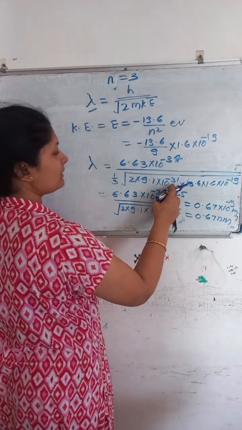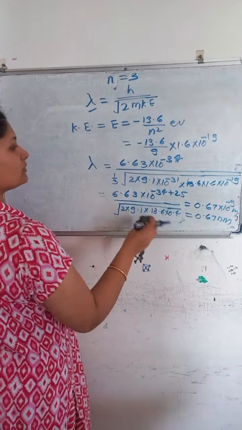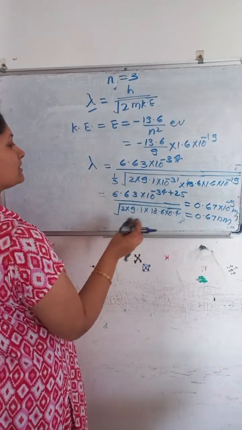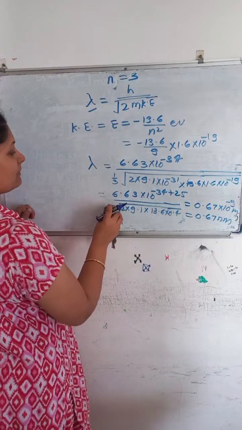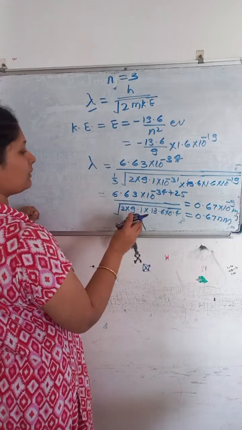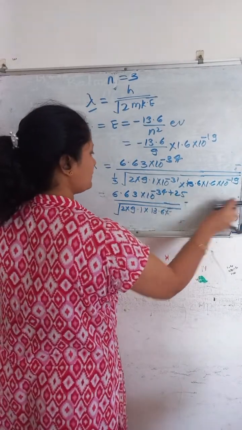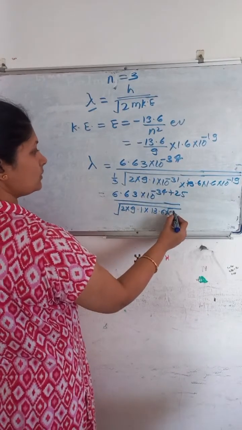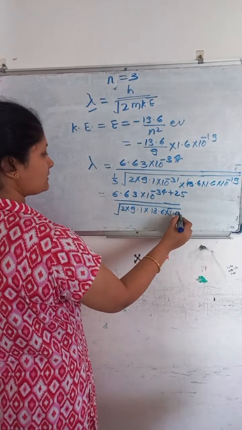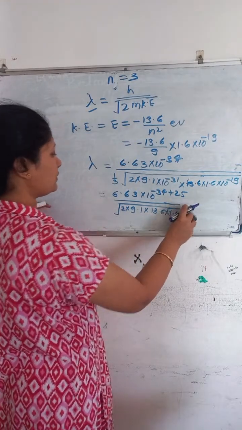Again 31 plus 19 is 50, so that 50 I will take up, minus 50 becoming plus 25 when I transpose up. Then 9.1 into 2 into 13.6 into 1.6, the powers we already took out.